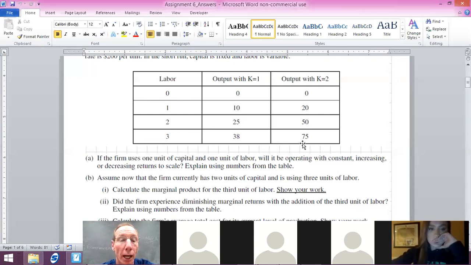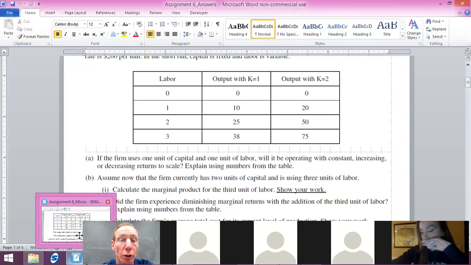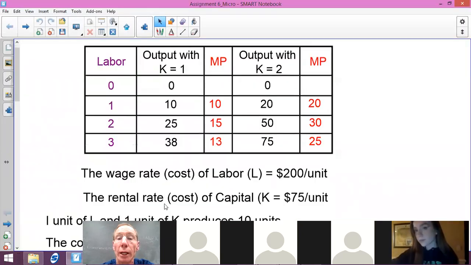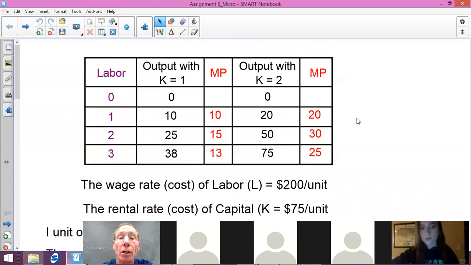Now the way I did this over here on the chart is I actually put in a marginal product because we're going to be using that later. So I added this, and this is helpful because this is total output right here. This is the change.